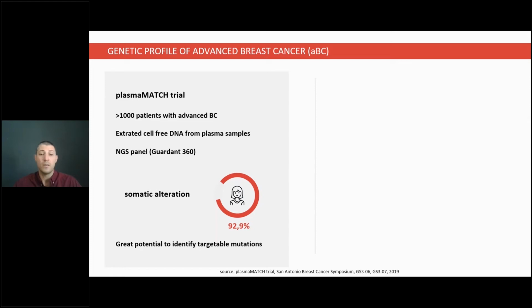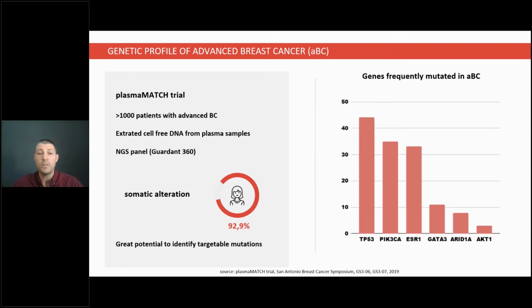The striking finding was that they could identify a somatic alteration by liquid biopsy in 92.9% of the participants. And this is a great potential to identify a mutation which might be targetable by a drug already, or might become targetable by a new drug in the future.